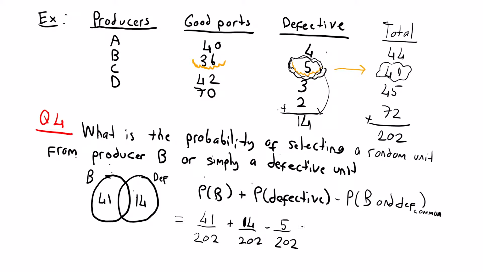So the total becomes, let me use my calculator, 41 plus 14 minus 5, that's 50 divided by 202, which gives us about 24.7%.